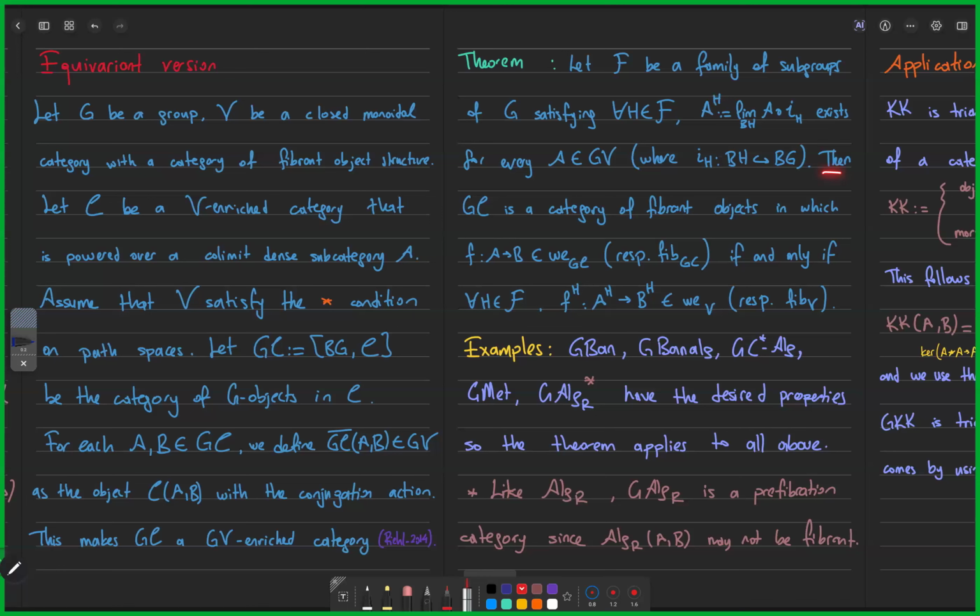Then GC, the category of G objects in C, can be made into a category of fibration objects where F is a weak equivalence or fibration if for any H in F and for any D in GC, this map GC bar D F H is a weak equivalence, respectively fibration.